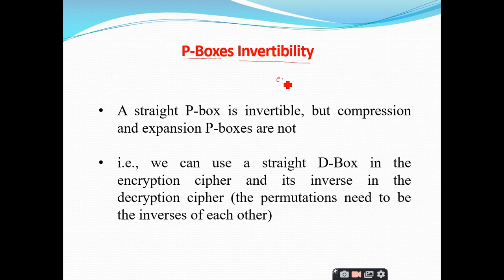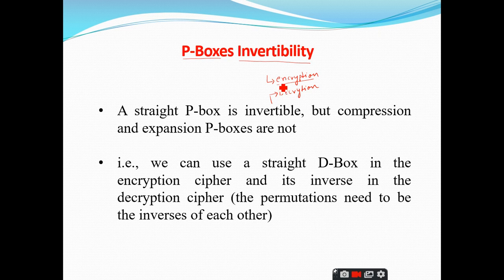What are the two important operations we have in cryptography? One is encryption and the other is decryption, right? So when we make use of one P box for encryption and the inverse of the P box for decryption, then we can say that they are invertible. Very simple.